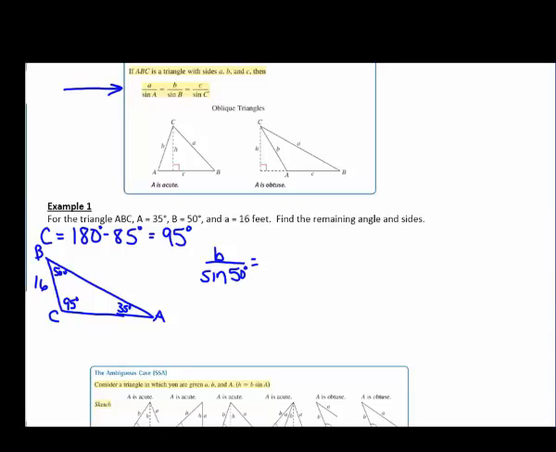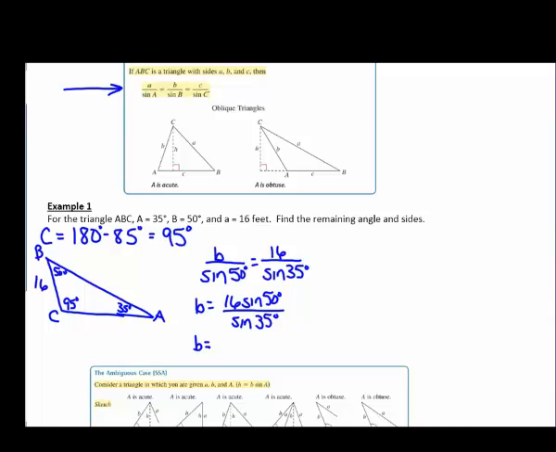And then we go with what we know from the original problem. Side A is 16 feet, and it goes over the sine of angle A, which was 35 degrees. So now we need to get B by itself, so we're going to multiply both sides by the sine of 50 degrees. So B equals 16 times the sine of 50 degrees divided by the sine of 35 degrees.